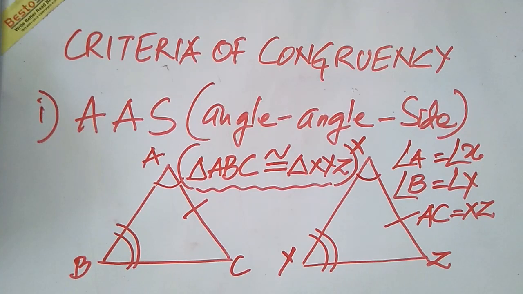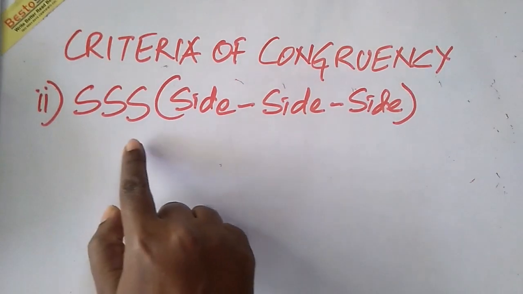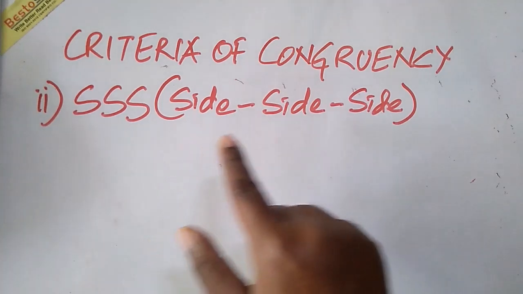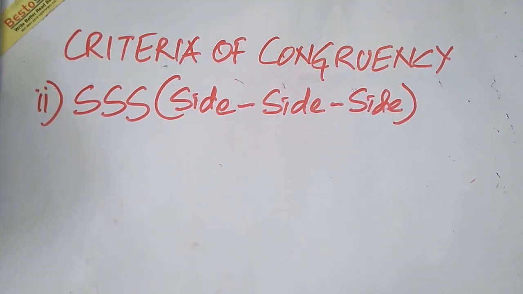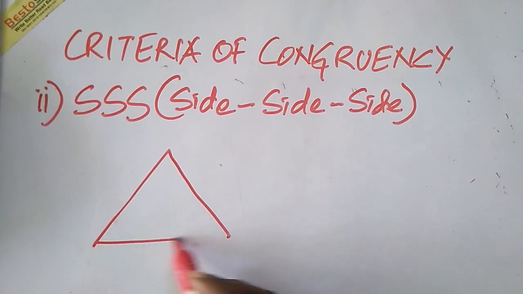Now we will be seeing the second criteria of congruency. The second criteria, like you can see on the screen, side, side, side. That means all the three sides of the two triangles should be same. Now this is a very simple criteria, right? I'll quickly draw two triangles to make you understand.